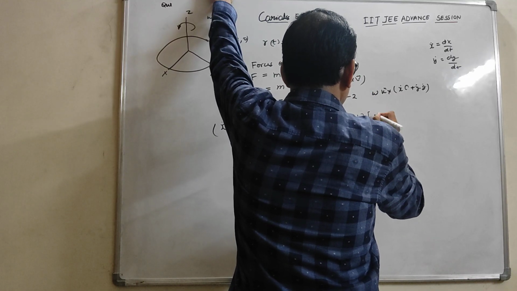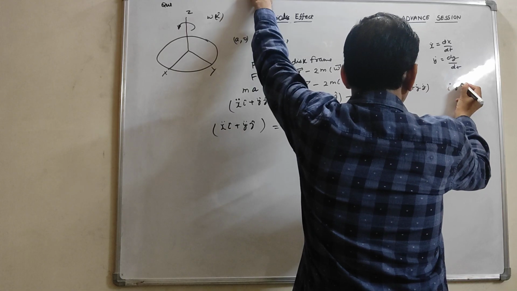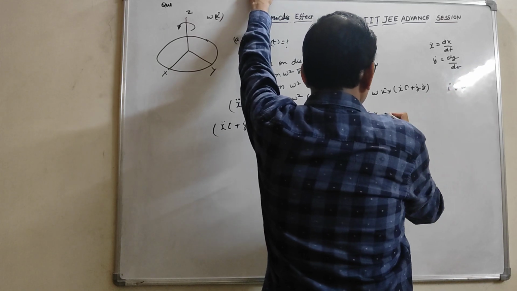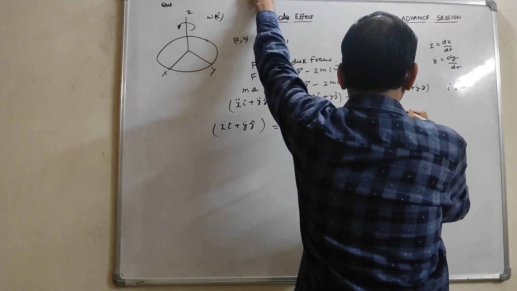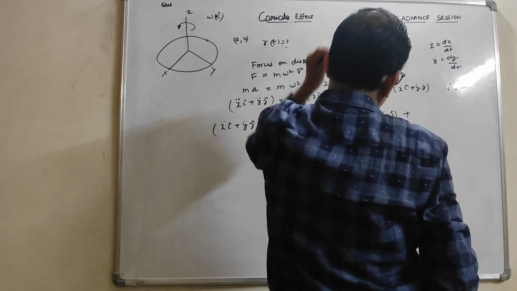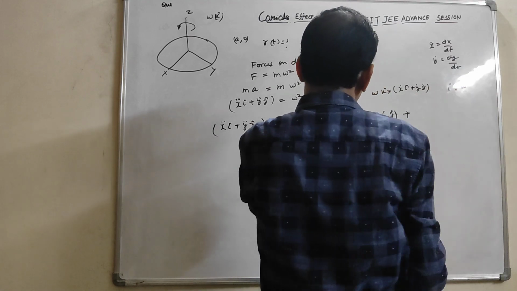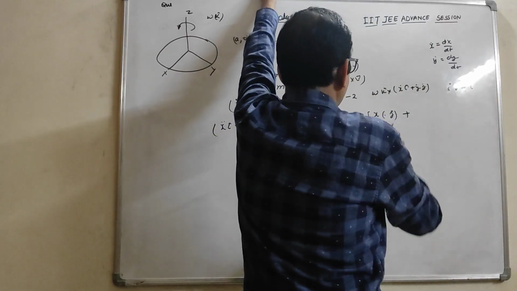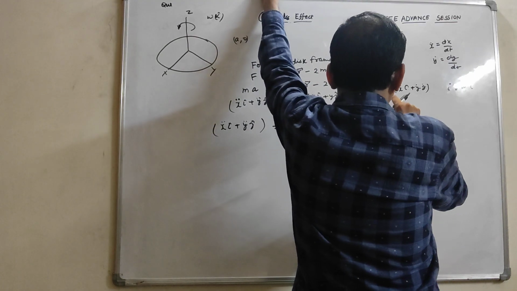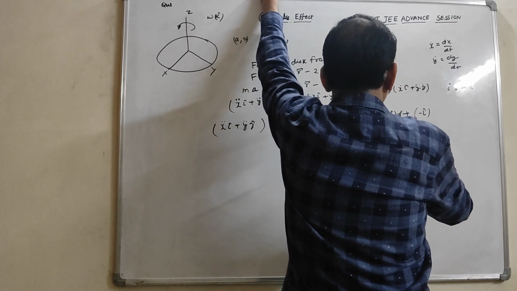here x dot, k cap cross i cap, and y dot, k cross j. k cross i is positive j, and k cross j is opposite, so this will be minus i, times y dot.